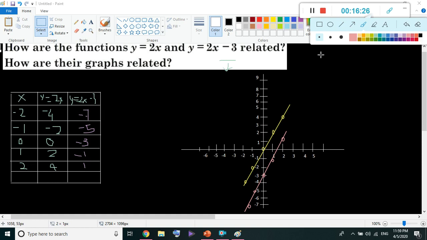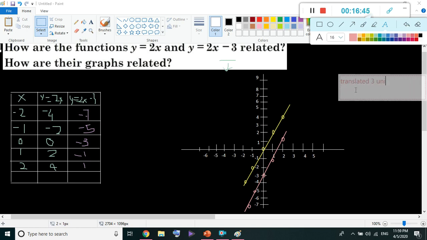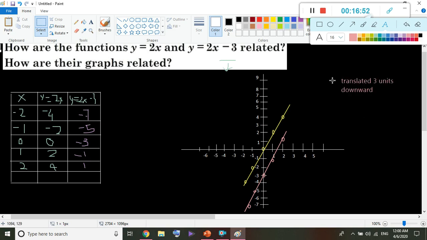So when we say how are they related, you have to say it translated. I'm just going to write it here: translated 3 units downward. This would be the answer for this question. Let's see the solution to check if it's the same.